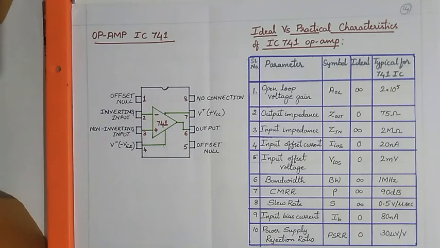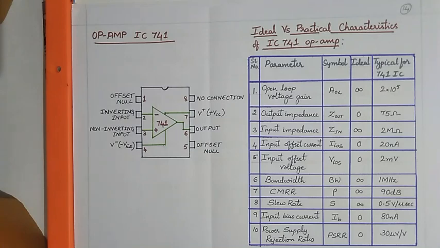Input impedance is the equivalent impedance measured between the inverting and the non-inverting terminal of the op-amp. The ideal value is infinite and the typical value is 2 mega ohm. Input offset current is the magnitude of the difference of the bias currents.